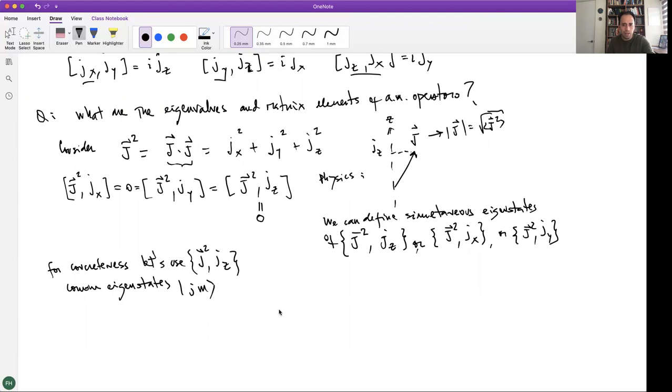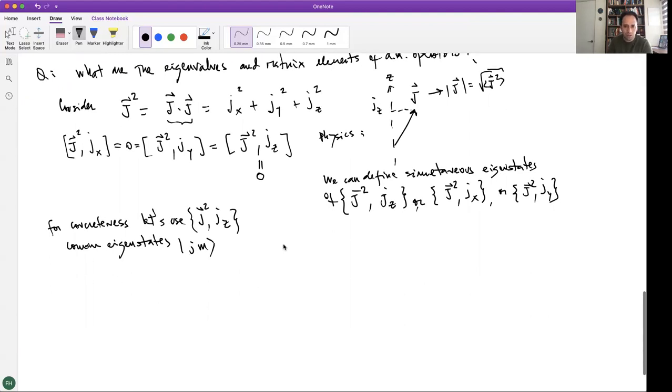So what are the eigenvalue equations here? We write J squared acting on Jm is equal to lambda J times Jm, and Jz acting on Jm is equal to m times Jm.